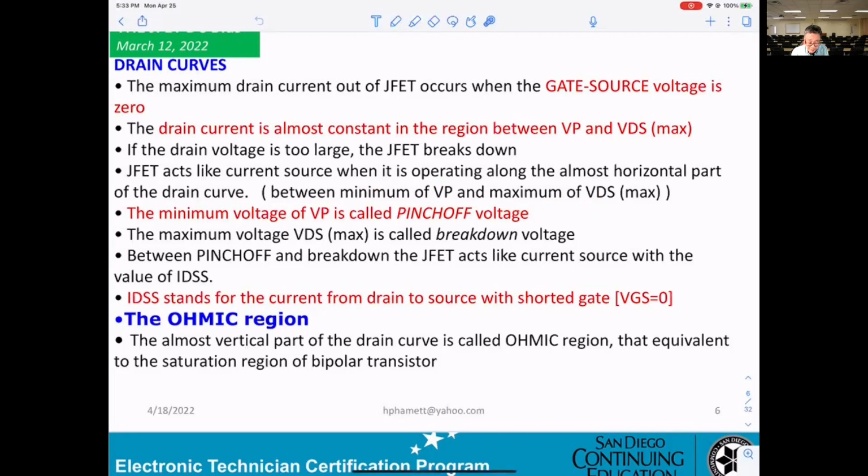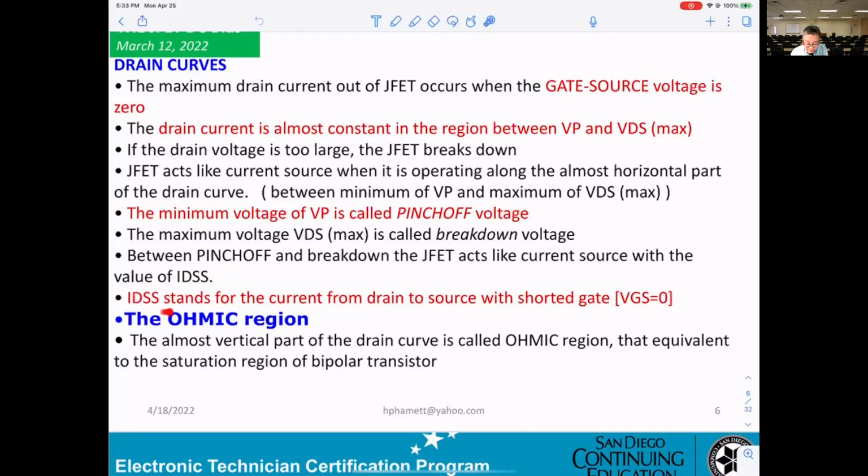Okay, the minimum voltage VP is called the pinch-off voltage. The maximum voltage VDS max is called the breakdown voltage. Between pinch-off and breakdown, the JFET acts like a current source with the value of IDSS.